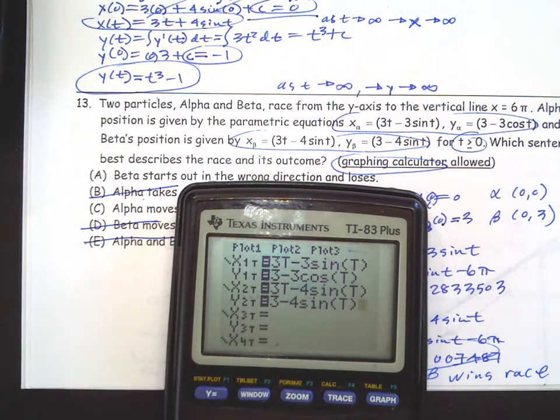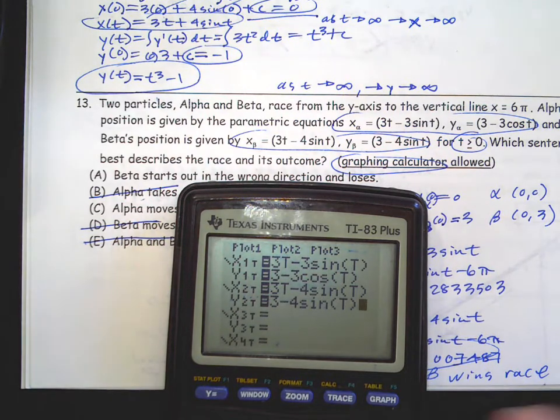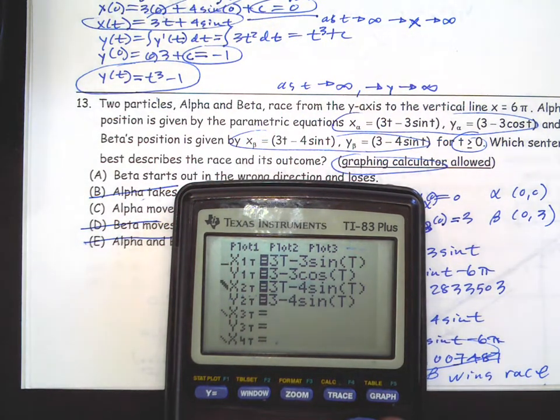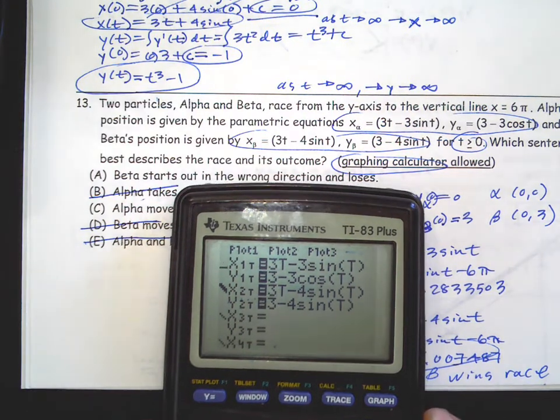And what this will do is it'll graph both curves at the same time. And it's like we can see them racing. So I'm going to make this line different. So alpha's the dark one. No, alpha's the regular line. Maybe I'll make alpha the dashed line. Alpha is the dashed line, beta is the dark line, and we're going to graph them.